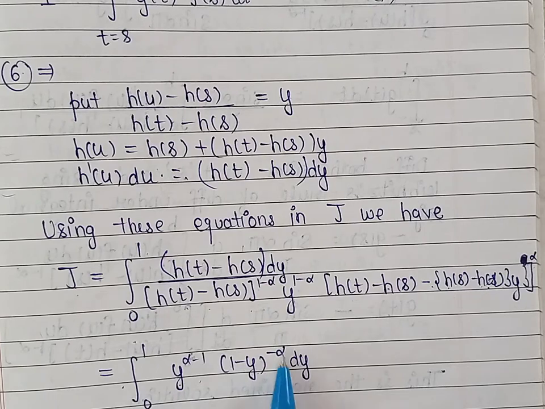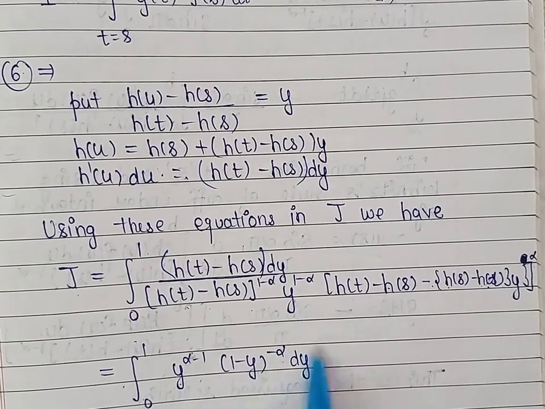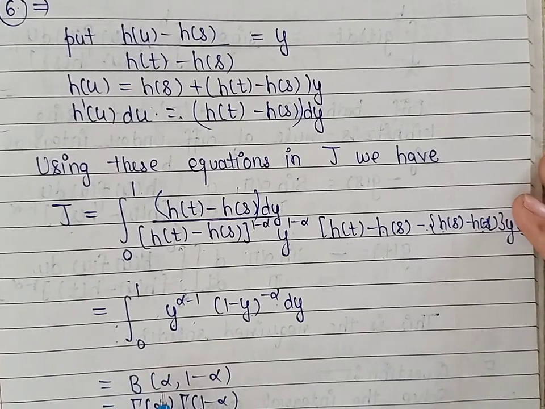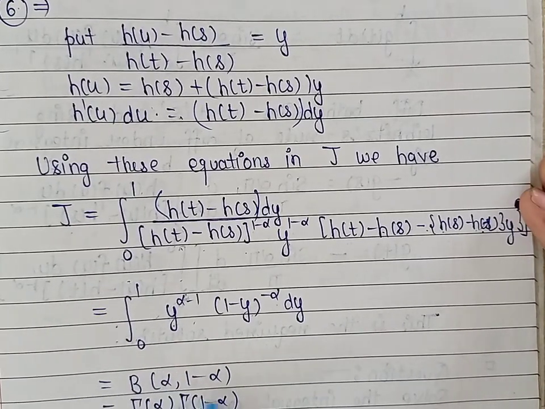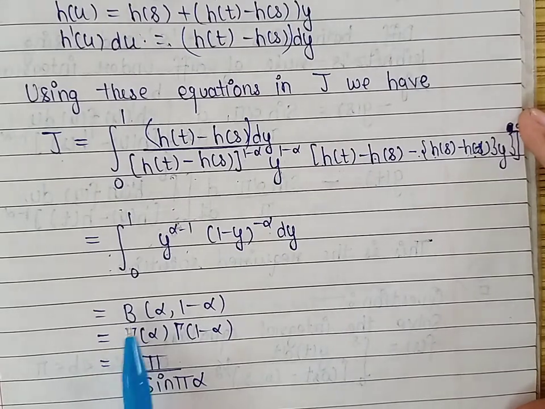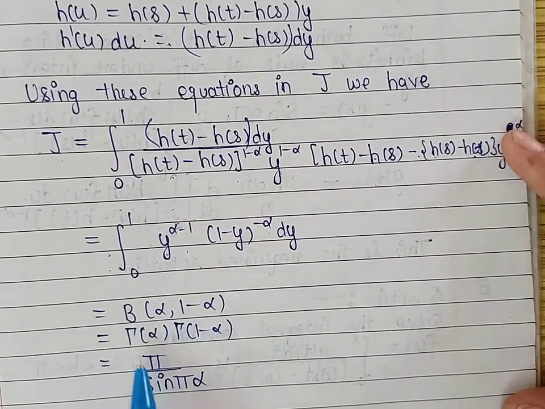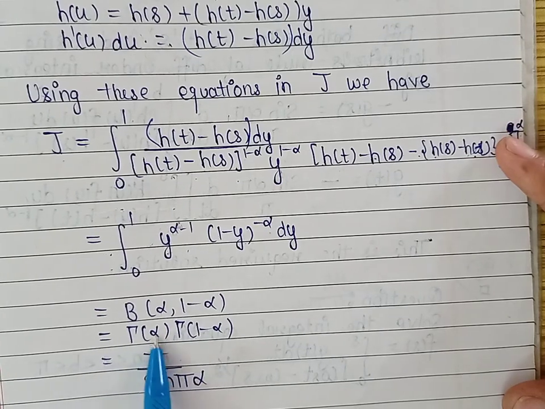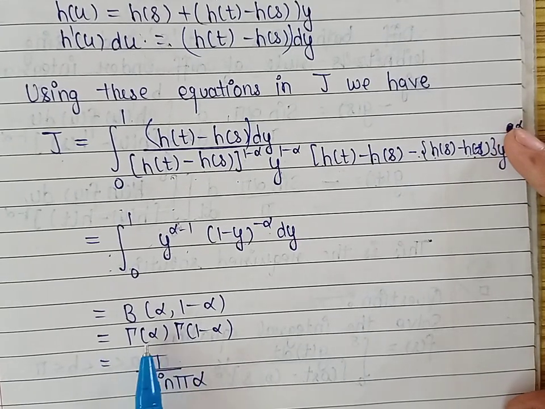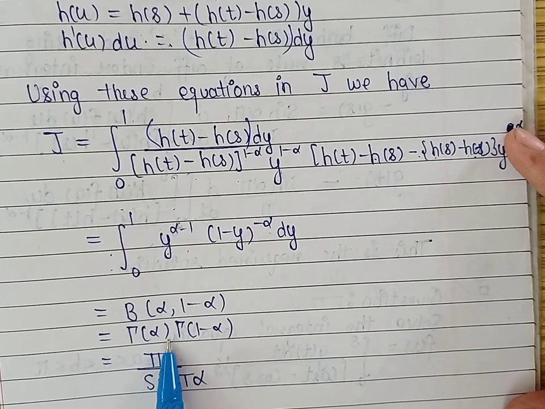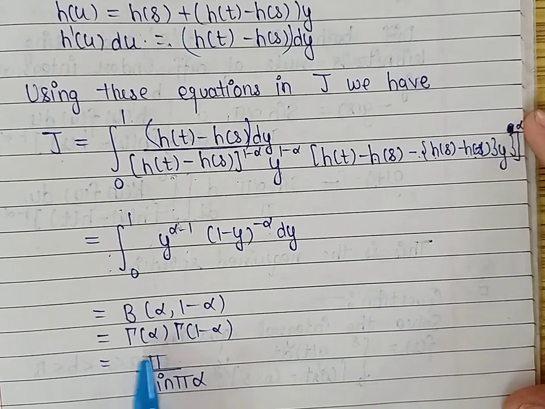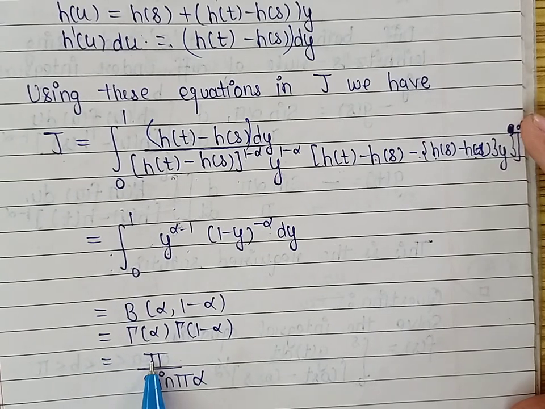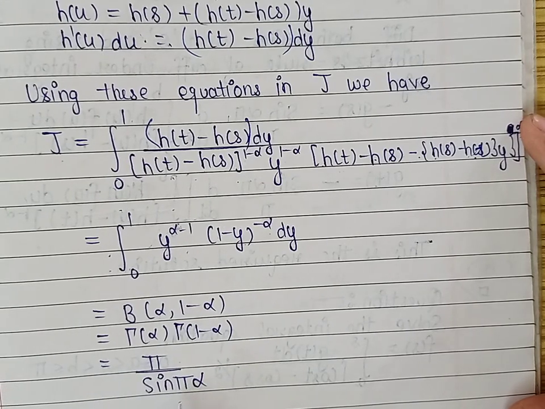Now by definition this is the integral given by the beta function with the arguments alpha and 1 - alpha. By definition, B(m, n) is given by gamma of first into gamma of second divided by gamma of alpha + 1 - alpha, that will become gamma of 1, so that will be 1, and the value of gamma alpha into gamma 1 - alpha is given by pi upon sin(alpha pi).